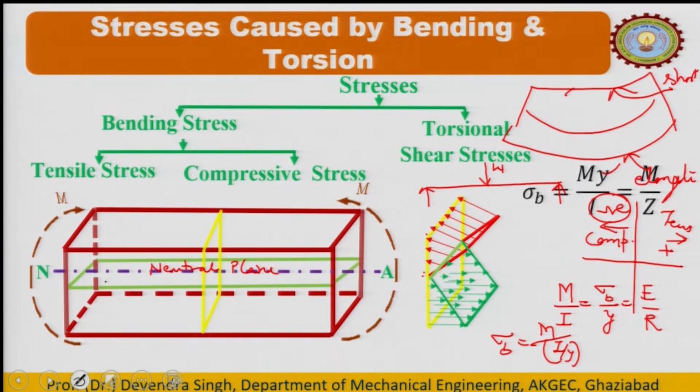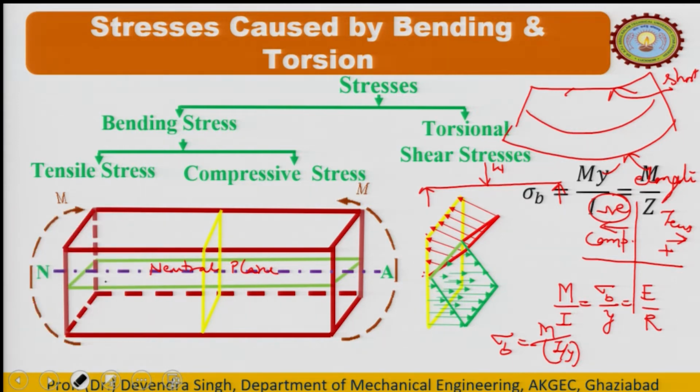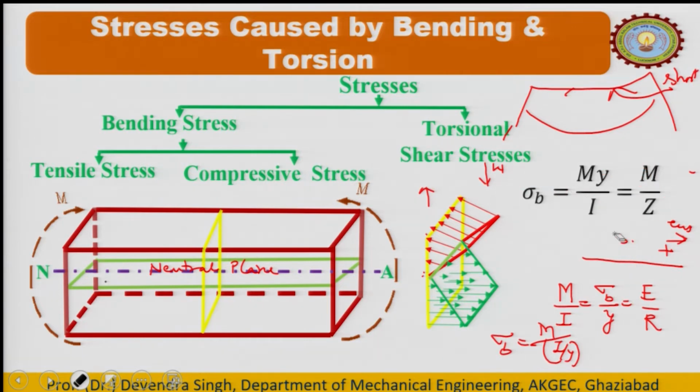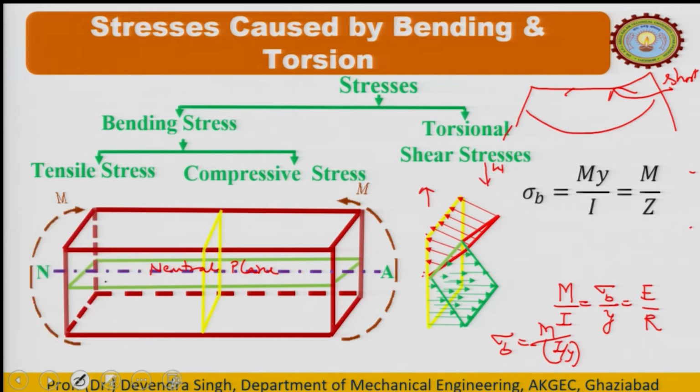For a circular section also, here we have this formula: sigma b is equal to M y by I. So, we can calculate the bending stress at any fiber which is at a distance of y from the neutral axis.